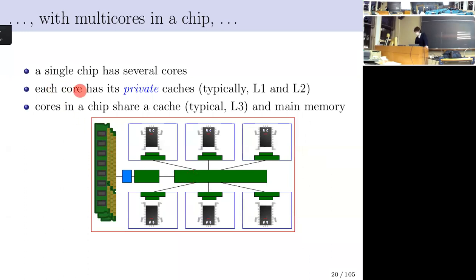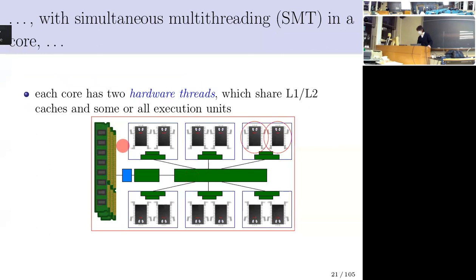Each core has its private caches, typically level 1 and level 2 caches. Cores in a chip share a single cache, typically the level 3 cache, and the main memory. To make the picture slightly more realistic, closer to the actual processor, there are actually multiple so-called virtual cores within each physical core.